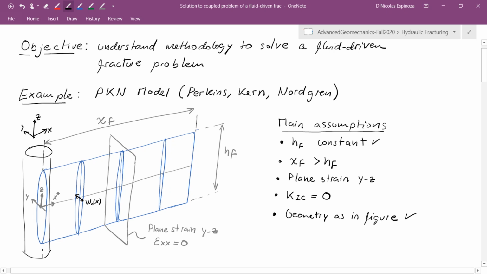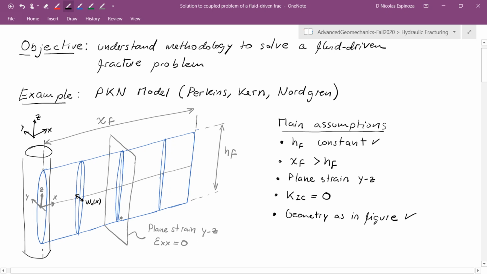Let's assume this is a vertical fracture. So in direction Z, the fracture width varies. And we can assume that we have a state of plane strain in the plane perpendicular to the long axis of the fracture. So for example here, a plane YZ.